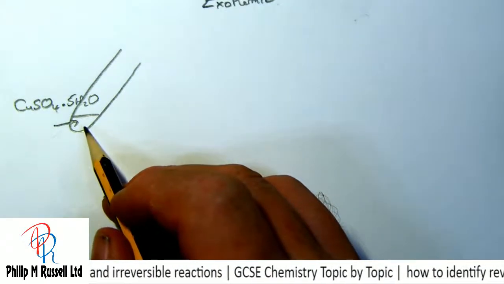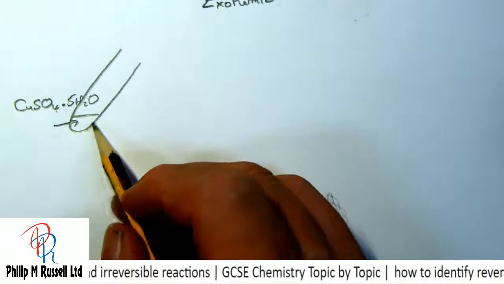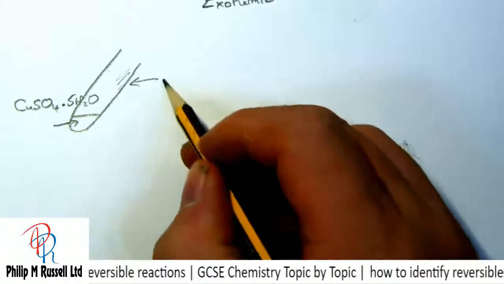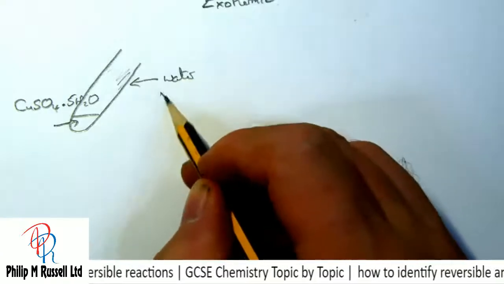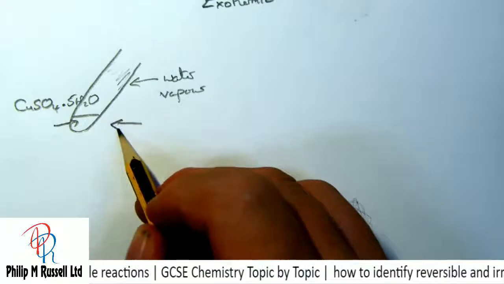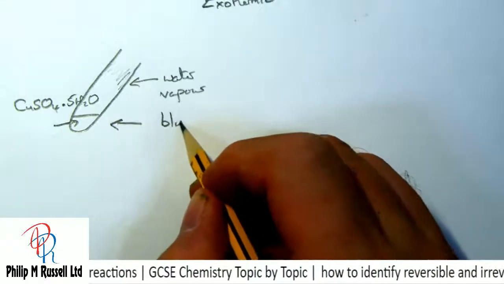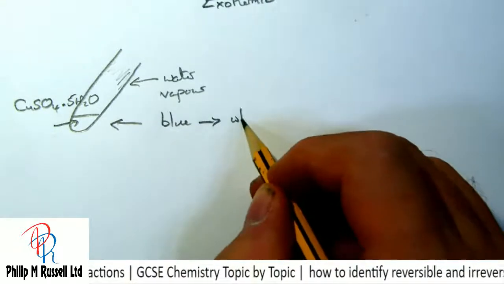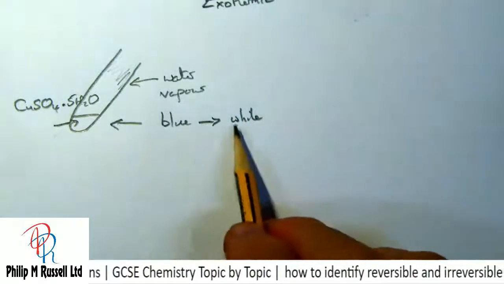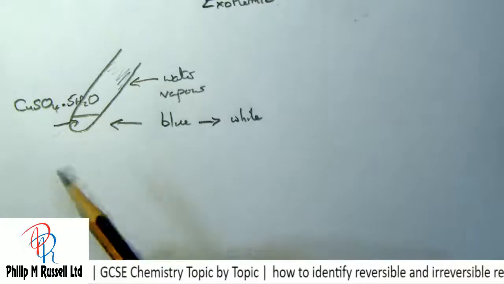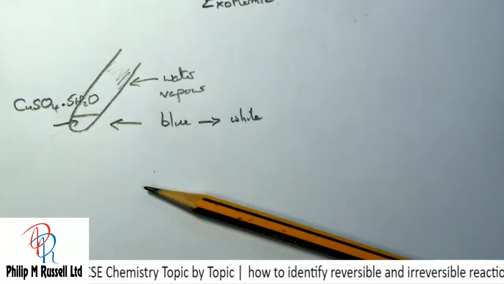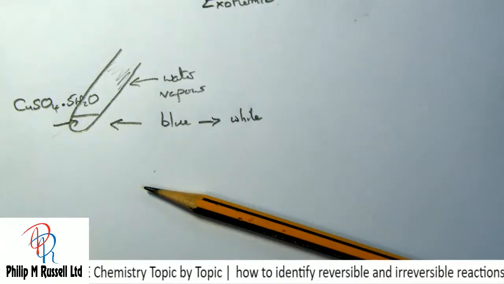And I'm going to heat it, and we should see some water vapor, and this copper sulfate should go from blue to white, showing it is changing. There's our first reaction. Let's have a go and see if we can do this.